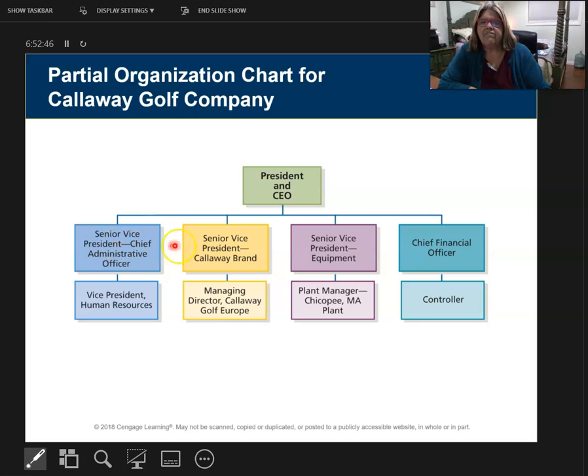Then I have senior vice presidents underneath them, and vice presidents underneath that. Here's my HR, here's my managing director, and here's my plant manager. We're going to go over accountability, whose responsibilities are what in managerial accounting.